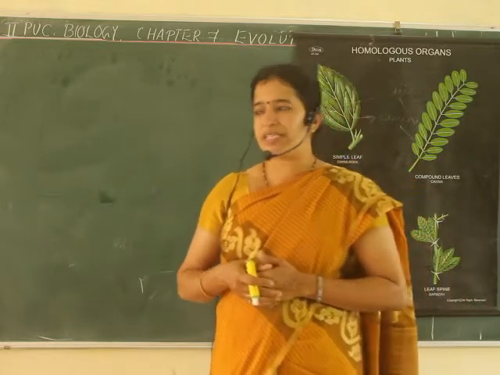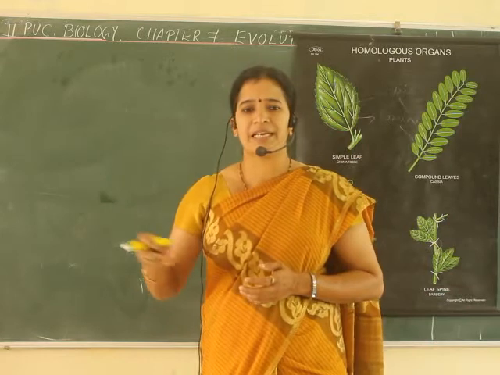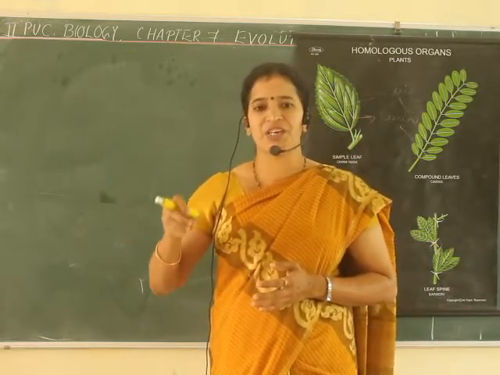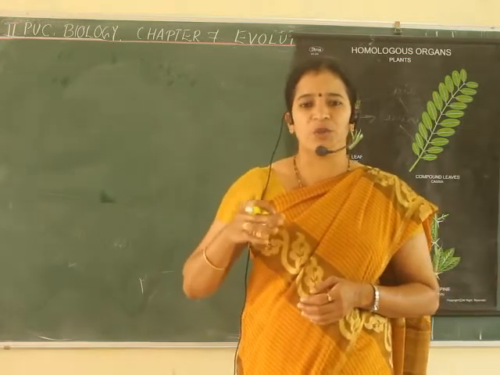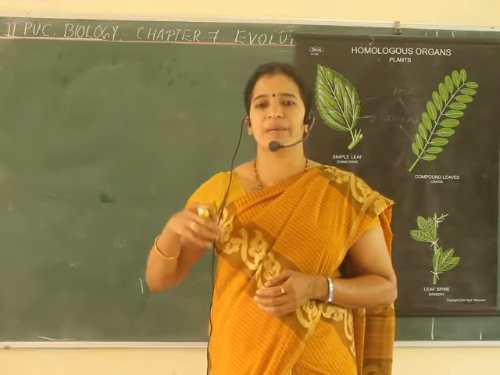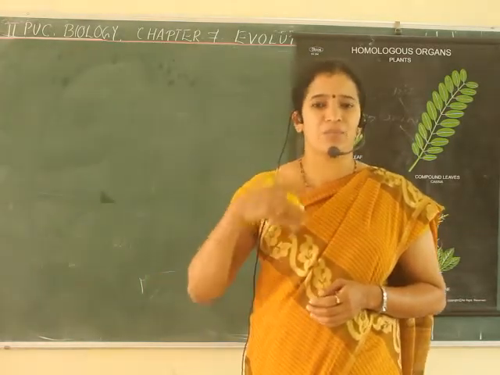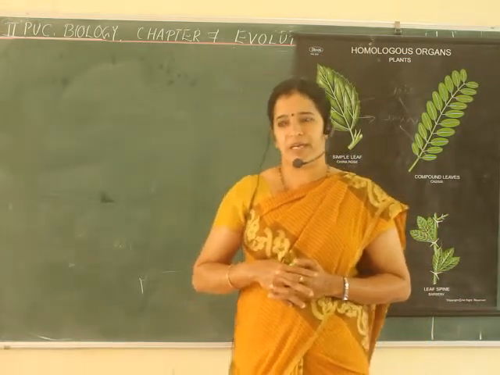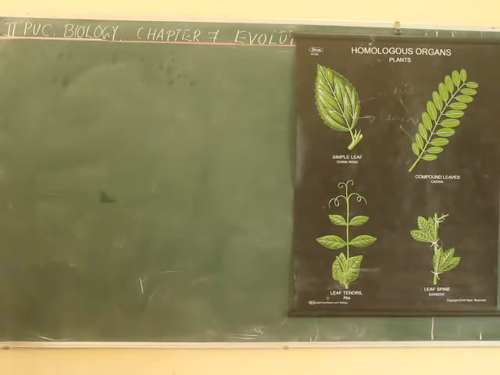According to Darwin, this fitness also means reproductive fitness. The species which are able to survive more, and those with good characteristics, will be selected by nature, and will be seen more in nature. So those will have more chances to survive. That is natural selection according to Charles Darwin.